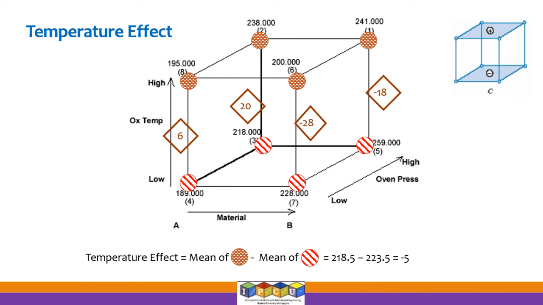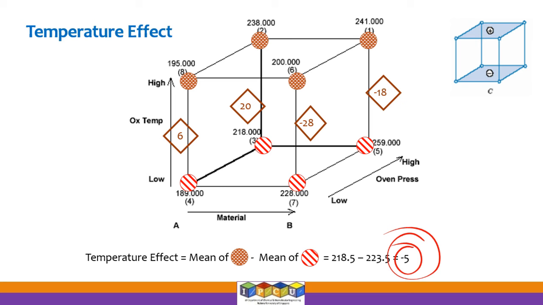And you can do the same for the temperature, and you will find that the temperature effect is negative 5. Whichever method you choose, either take the average of the top face, which corresponds to high oxidation temperature, and the bottom face, which corresponds to low oxidation temperature, and subtract, you'll get a value of minus 5.